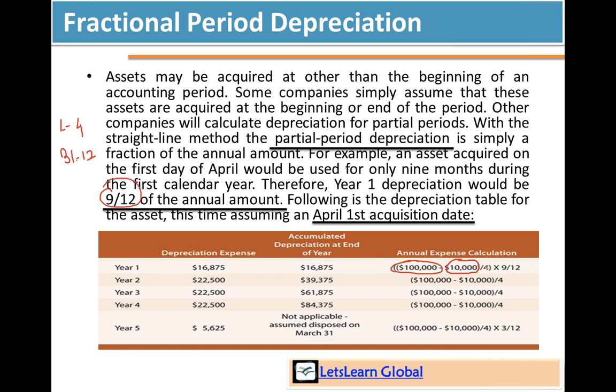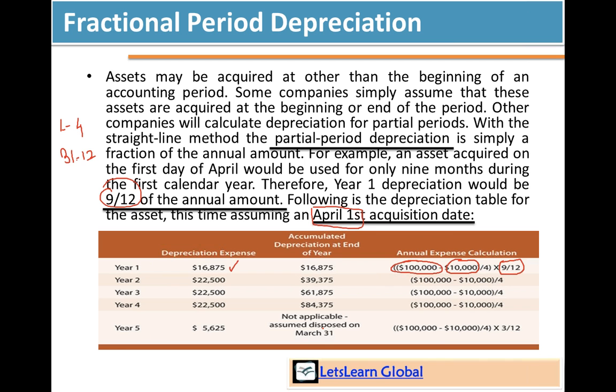That is annual 22,500, that is the annual depreciation, times 9 by 12 because you acquired it on 1st of April. So first year depreciation would be only for 9 months. That is 16,875. Second year onwards, it is the same, 22,500.